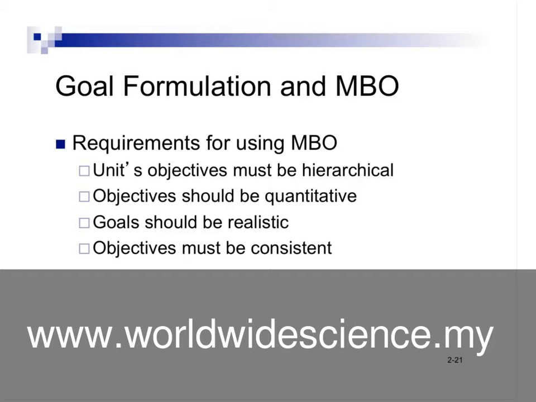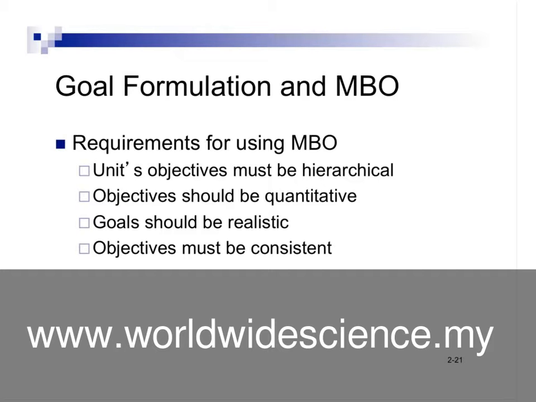Then goals should be realistic. You can't just be so optimistic about your product and wait for your hope or dream to come true. You need to be realistic in what quantity and what quality you will get.